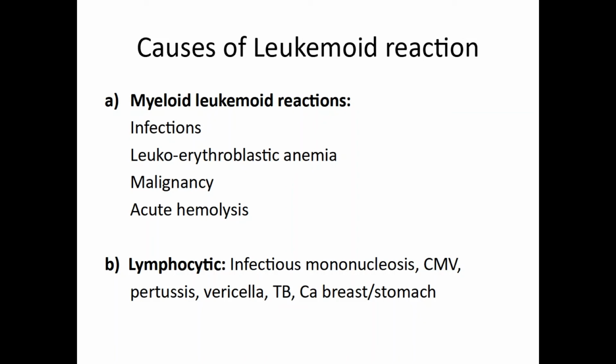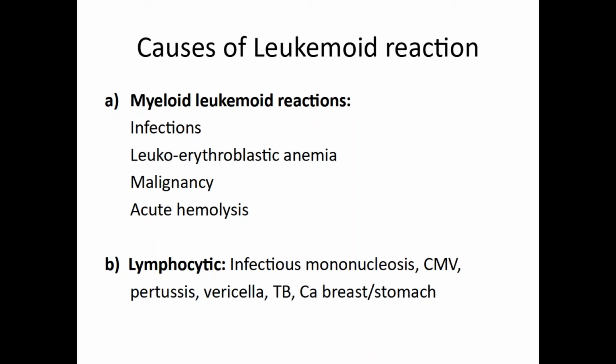When I say malignancies, I'm not speaking of leukemia, but some other solid organ malignancies giving rise to this type of blood picture. Then finally, acute hemolysis itself can release the peripheral pool of WBCs, mimicking a leukemia, causing leukemoid reaction.